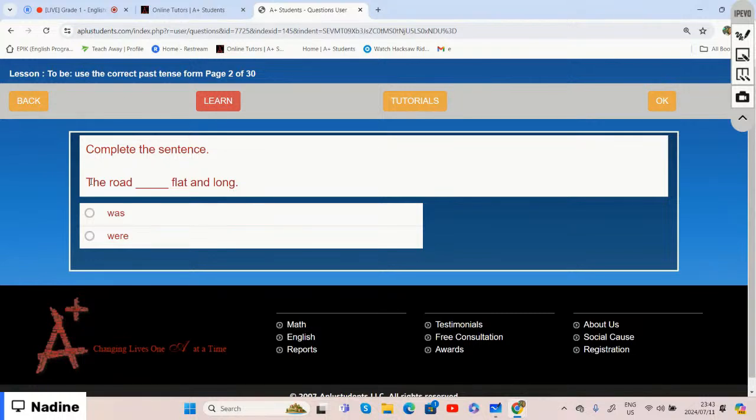All right, the next one says, the road, referring to one road. Do we say the road was flat and long? Or do we say the road were flat and long?